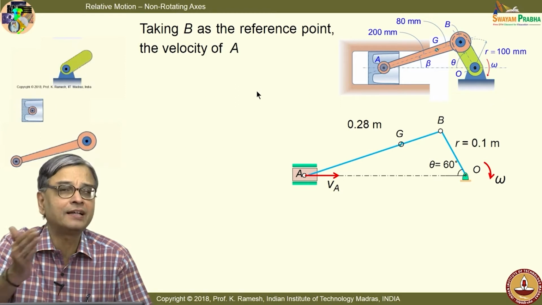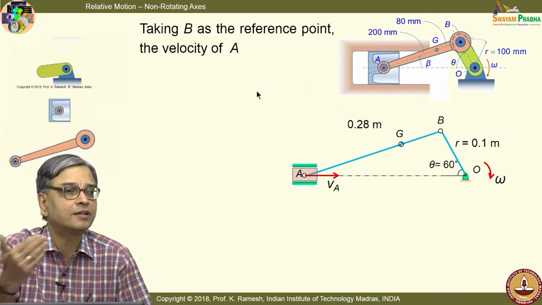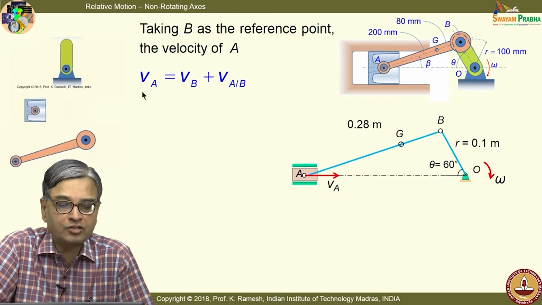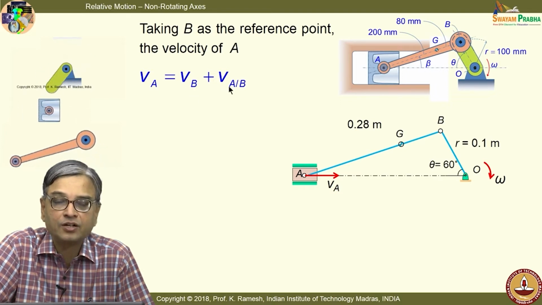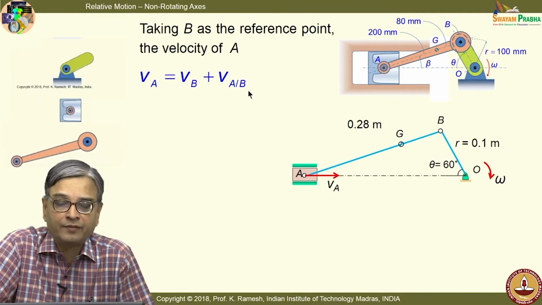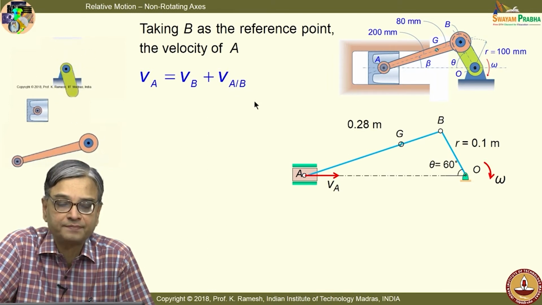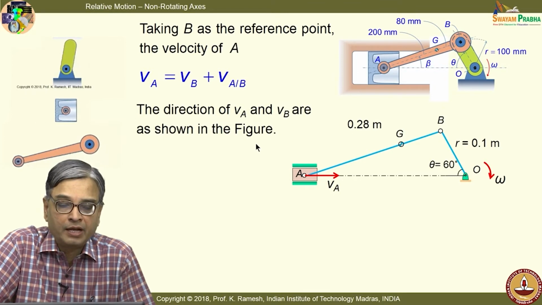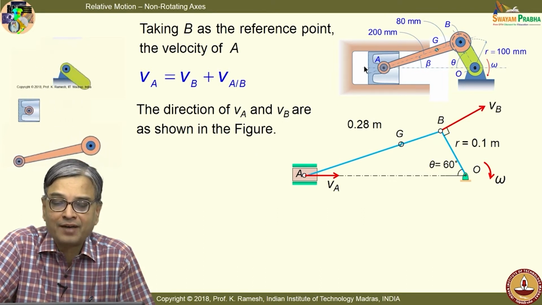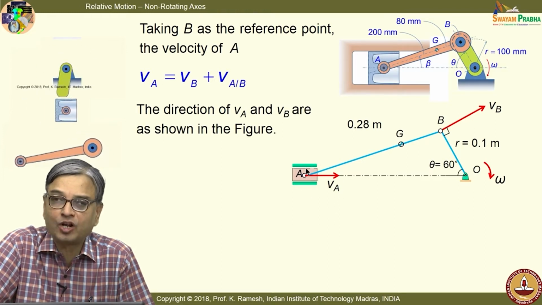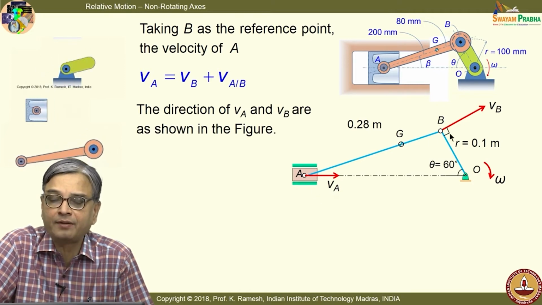It would simply have a circular motion with respect to B. So, the velocity of A is equal to Vb plus the relative velocity, the velocity of A with respect to B. And by virtue of the piston having a reciprocatory motion in this slot, I can say that this is the velocity of A. We have already determined the velocity of B. So, these are known.